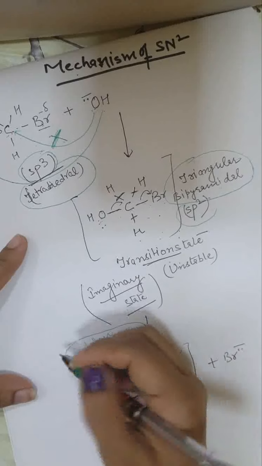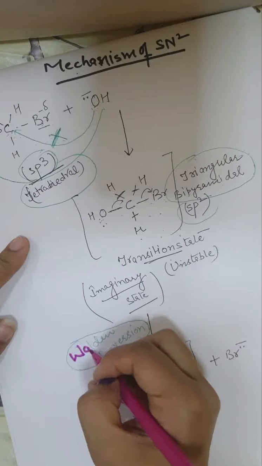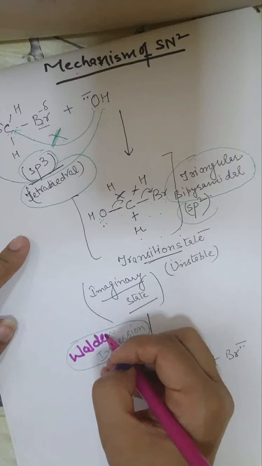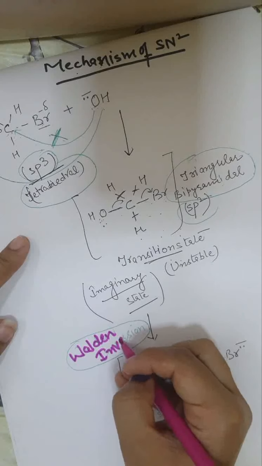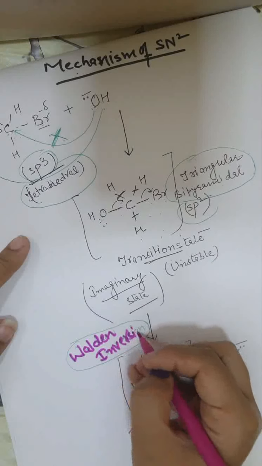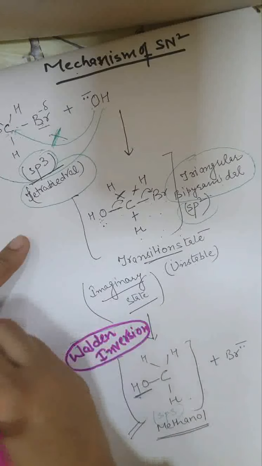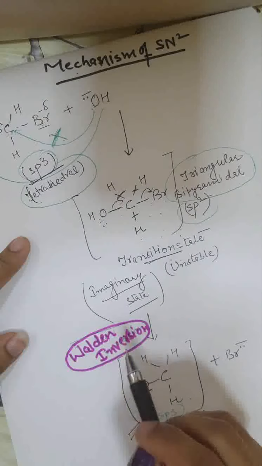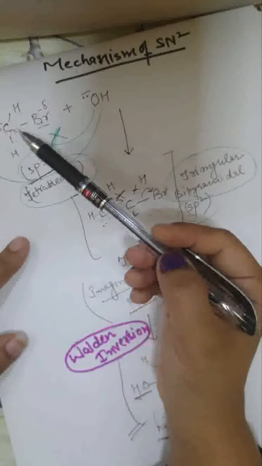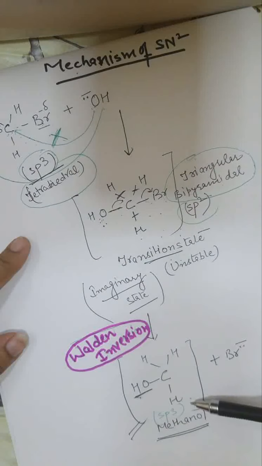So Walden inversion occurs in the SN2 reaction. But what happens in the SN1 reaction? In the SN1 reaction there is formation of a racemic mixture.